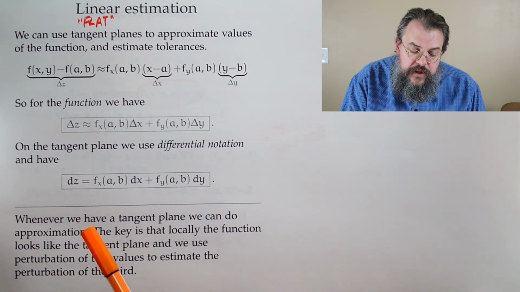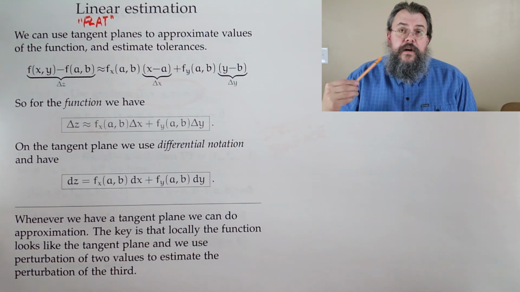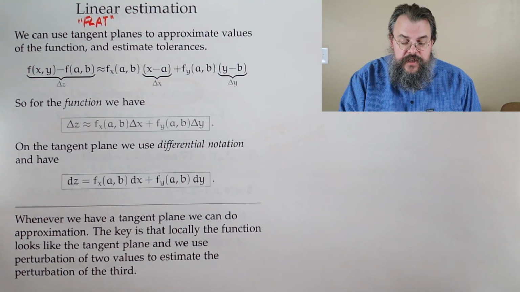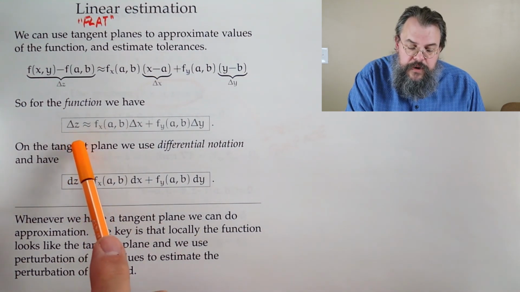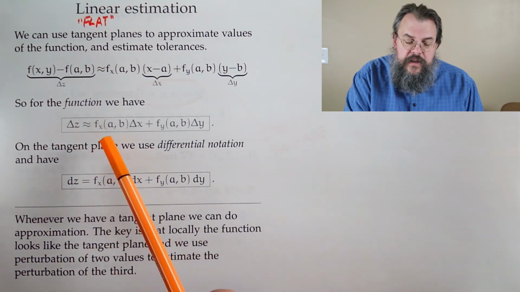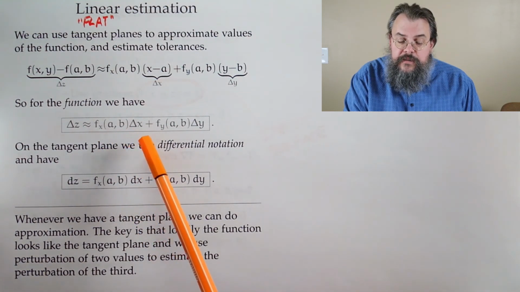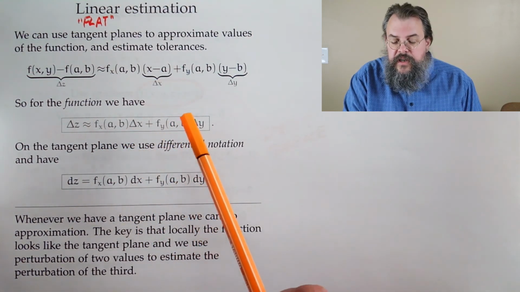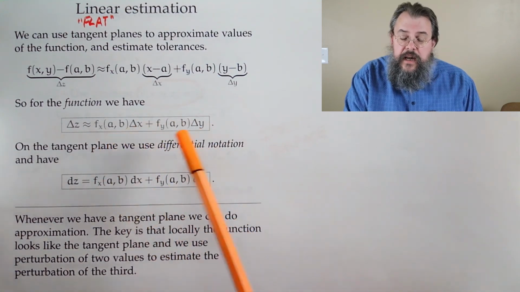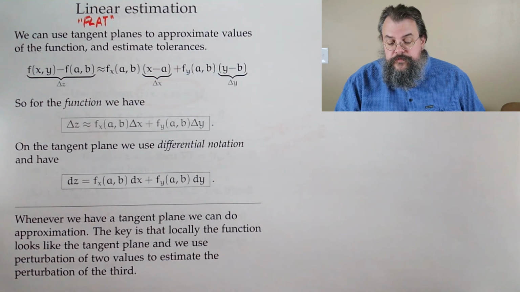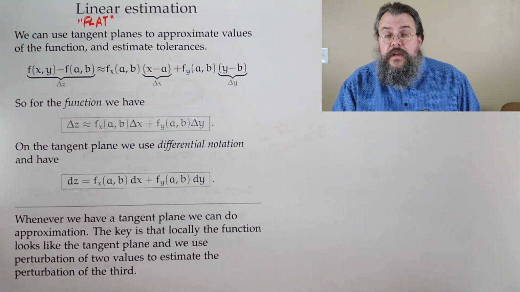This is just saying, if you want to understand what's happening to your function, how much does the output change? Well, I take the rate of change in the x direction times the amount of change in the x direction, plus the rate of change in the y direction times the amount of change in the y direction, add it all together, and that gives me an estimate for the total change.